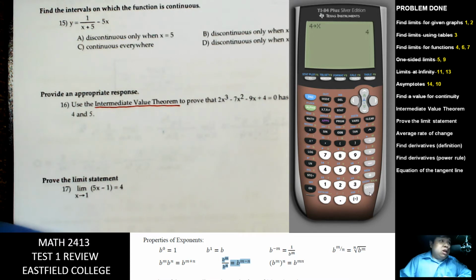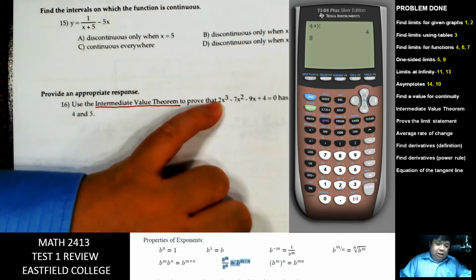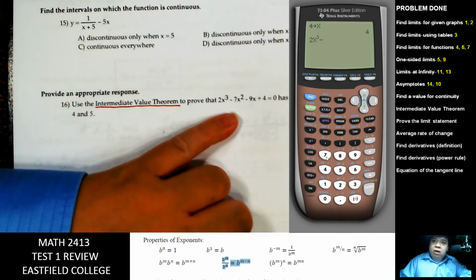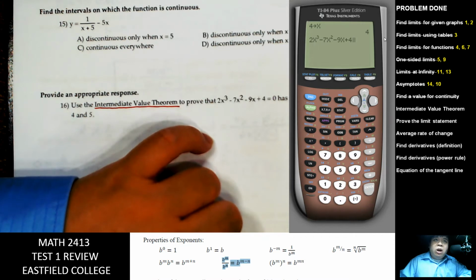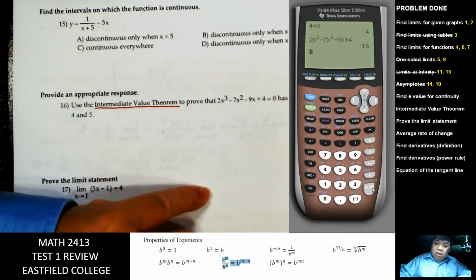Now the x value is equal to 4, and we just enter the function 2x cubed minus 7x squared minus 9x plus 4, because we stored 4 into x already. Now we hit enter. That is -16.